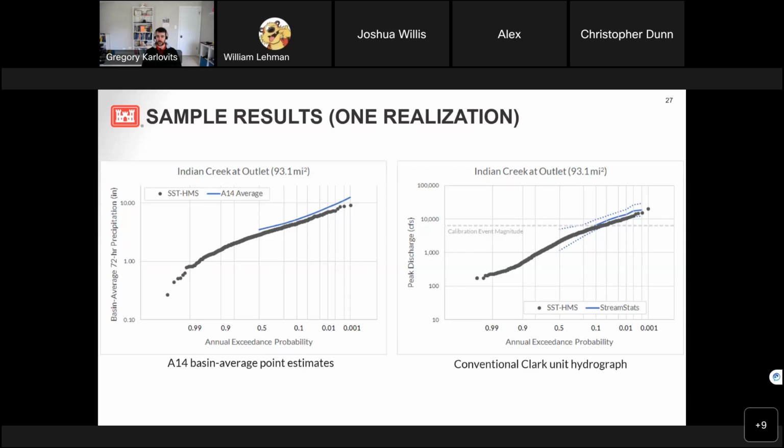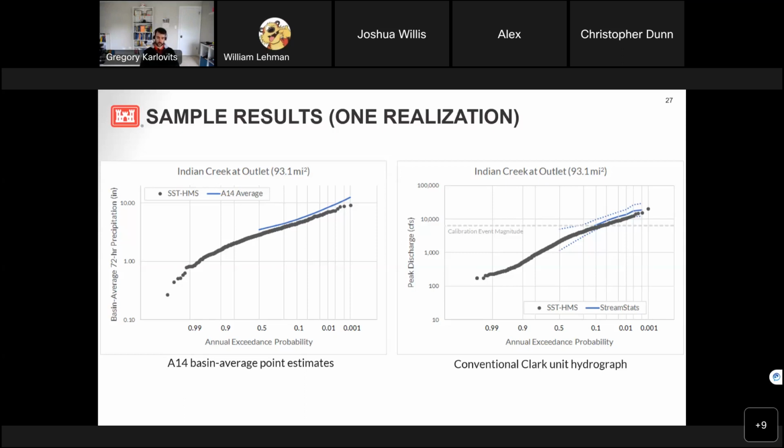There were no other major floods in there, and the response of the model looks really, really good up to the calibration event magnitude. So this is compared against StreamStats. I don't have any Bulletin 17 analysis to do here because, again, the gauge was only operating for a couple of years. And StreamStats isn't necessarily the gospel truth. It has its uses and its abuses, but in this case, we tracked pretty well up to the calibration event magnitude.